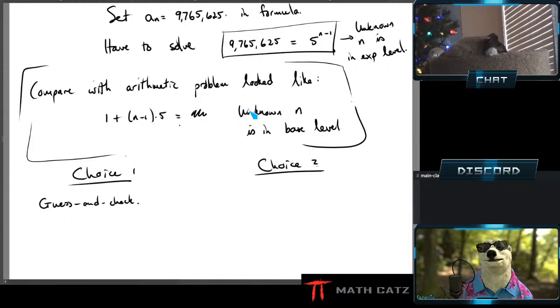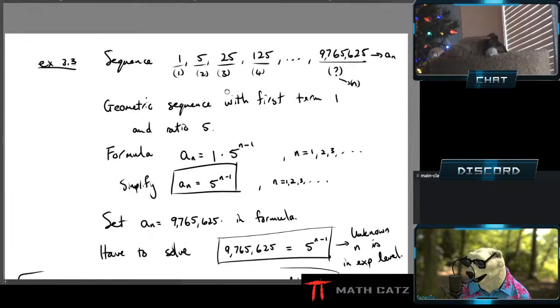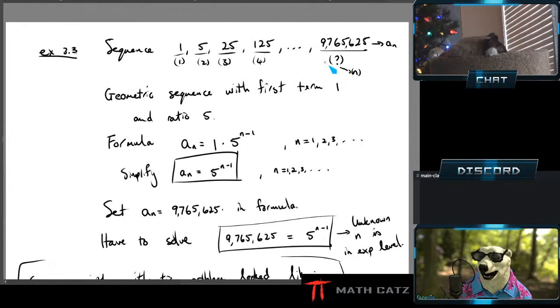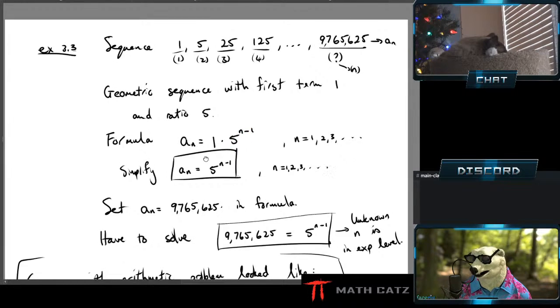We can just try some positions until we hit the one we're looking for. That's not that bad. Guess and check. Now I don't want to think, oh, this is position 3. No, of course it's not position 3, right? If I look at my sequence, it's hard to guess, but let's maybe try position 10, which might not be right, but I'm just guessing. I don't know what the answer is.